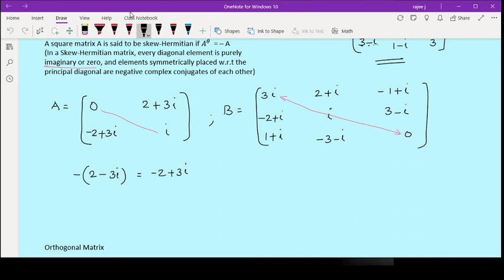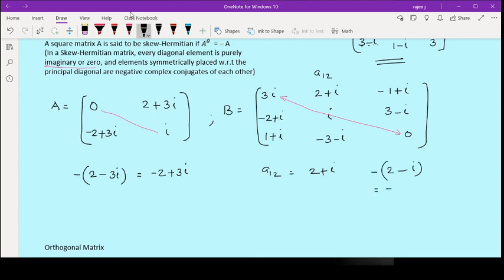Okay, so now here, see 2 plus i is there, or if you take this one, minus 2 plus i, or any. So this 2 plus i, this is A12, first row second column. A12 element is 2 plus i. What is its conjugate? Its conjugate is 2 minus i. What is its negative?